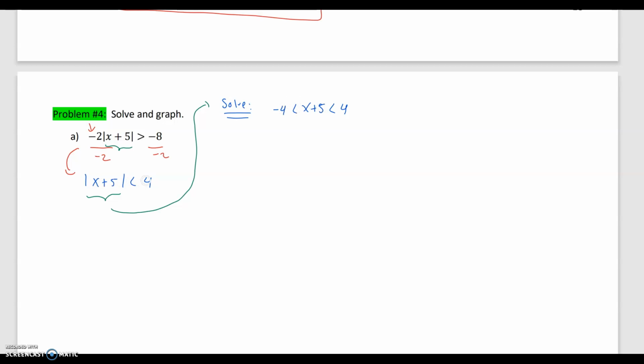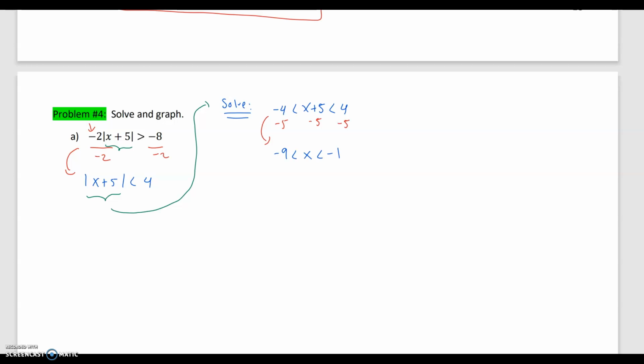Or your unknown is bounded between 4 and -4, which is what we have here. Now, in order to solve it, we'll simply subtract 5 from both sides. And we're going to end up with, on the left, -9 less than x and less than -1.